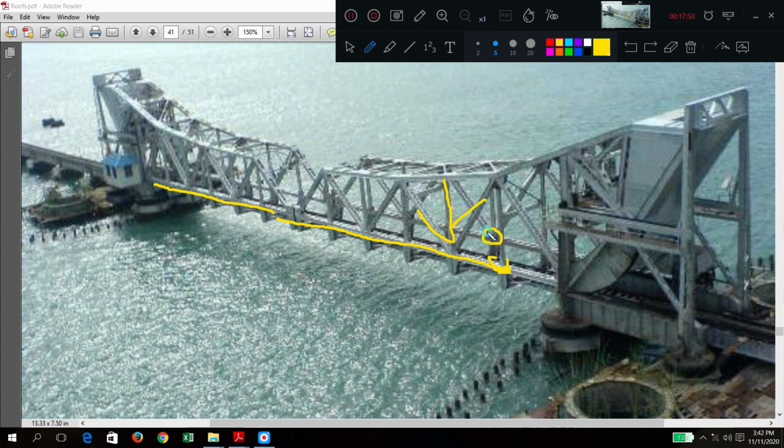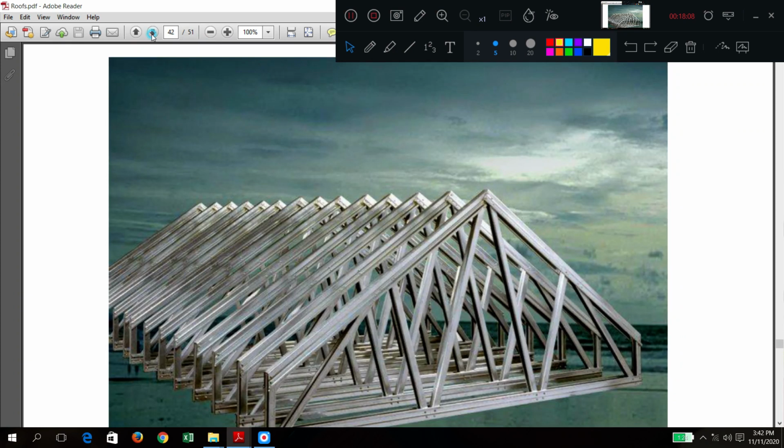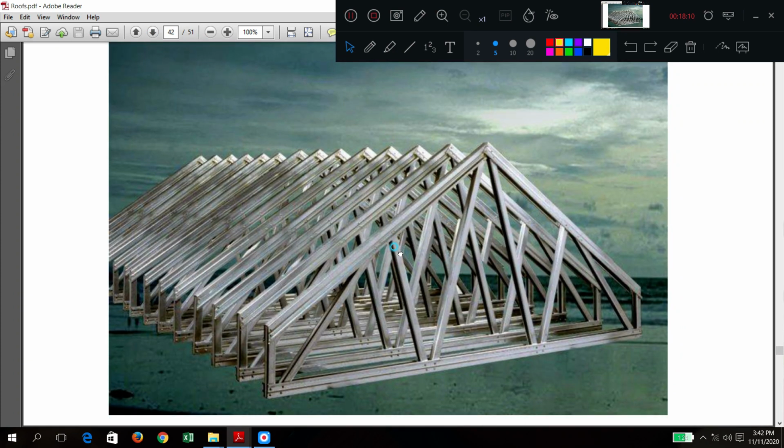Can you see this diagram? Sorry, I will erase. So, gusset plate connection. Here you can easily see everything is welded or gusset plate connection is made. This is a typical steel truss.